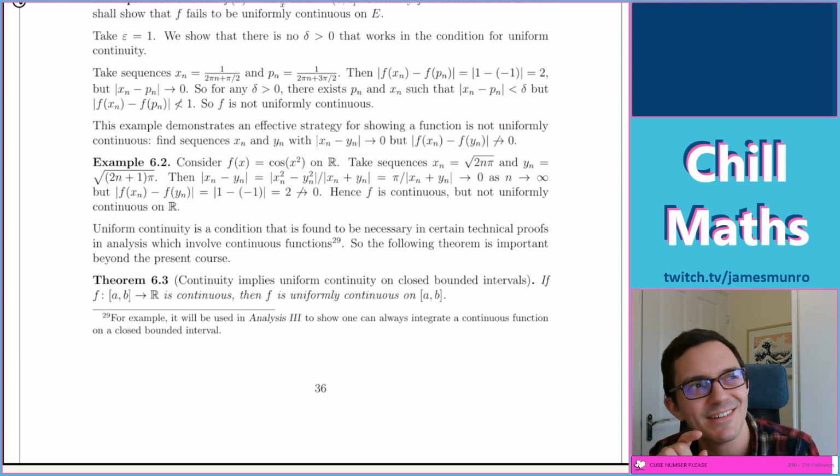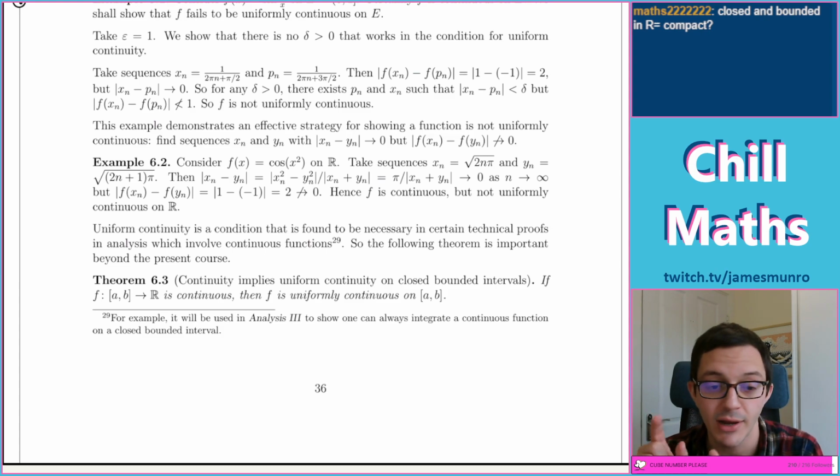It's going to be something like there would be 2 sequences of points. This is what you need, the xn and the yn above. 2 sequences of points where the difference goes to 0, but the difference between the values doesn't as you look through those different points for different values of delta.